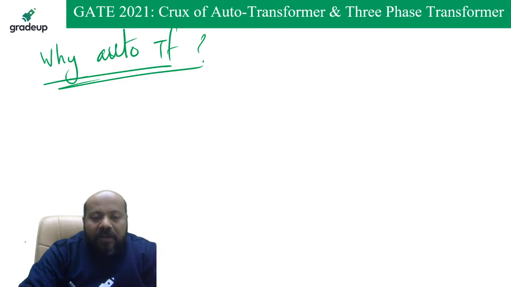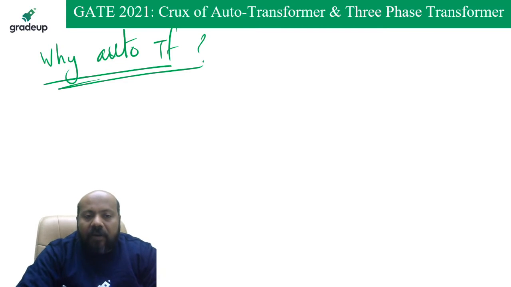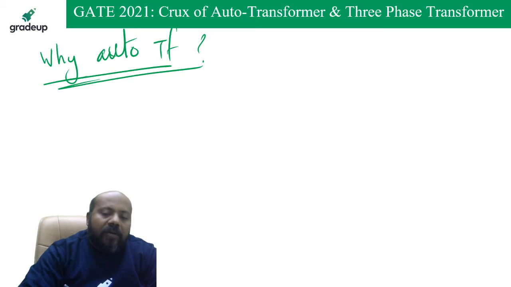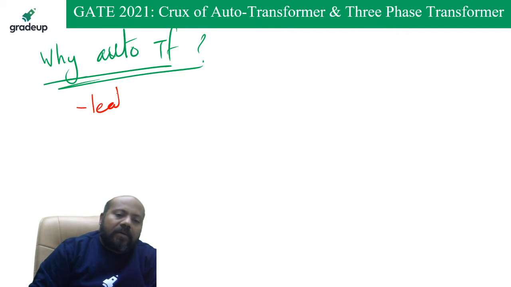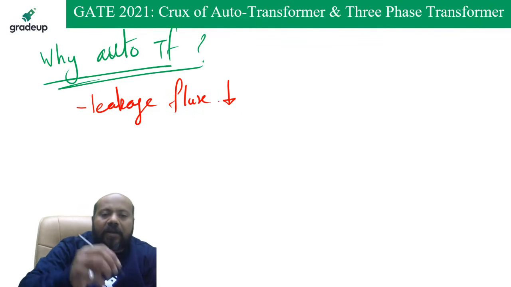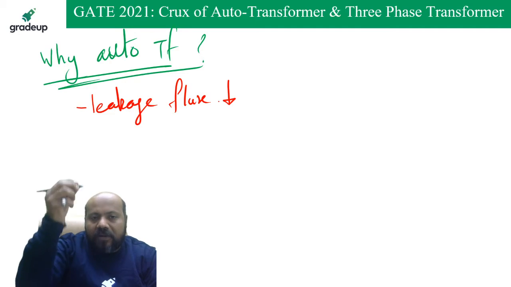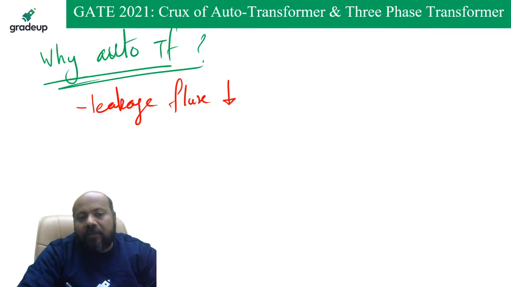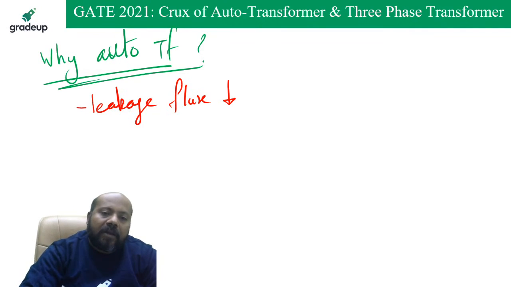If you compare, for the same kVA rating, the two winding transformer with the auto transformer, the auto transformer is using a single winding. So definitely the leakage flux is going to be less in the auto transformer, because just one single common winding is used for the primary and secondary circuit.